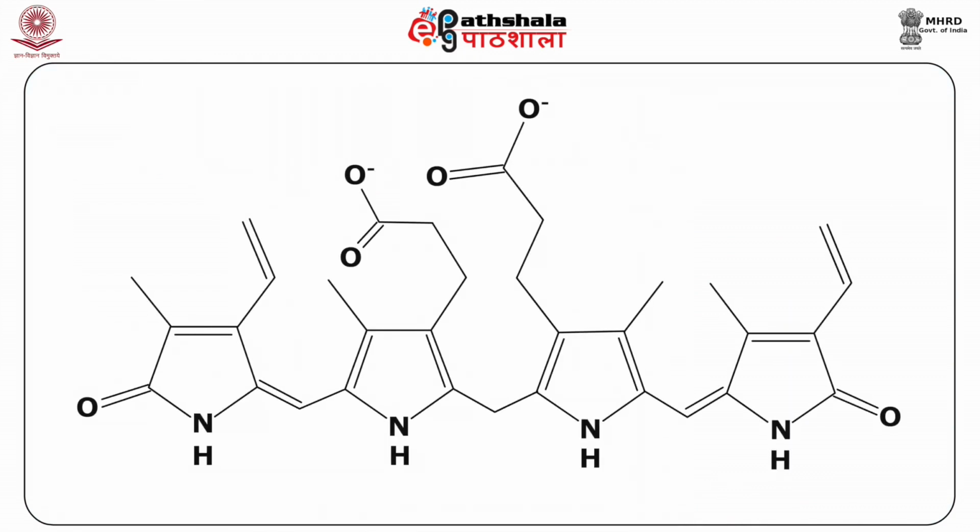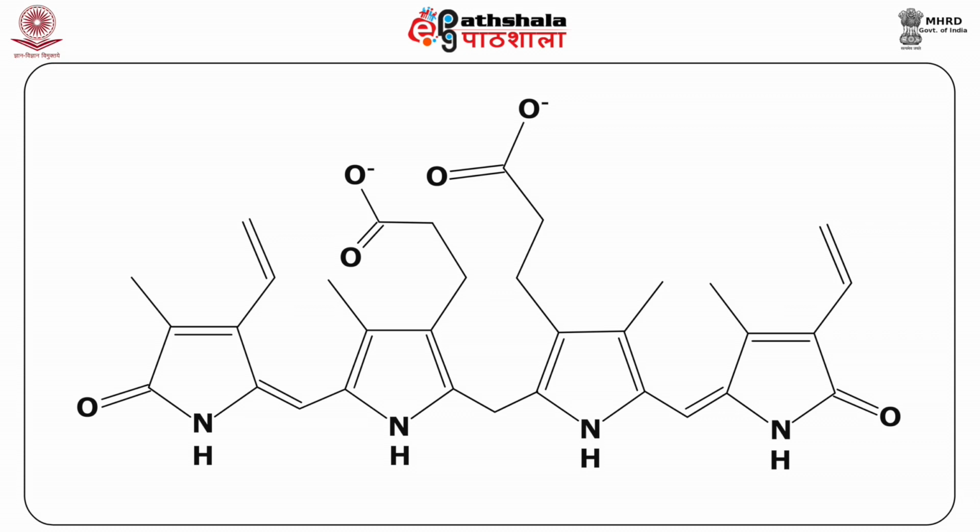Bilirubin has an open chain structure of 4 pyrrole-like rings, and in the heme molecule, the 4 rings are connected to a larger ring known as the porphyrin ring. It can be made soluble in water by conjugating it with glucuronic acid, and this process is an example of glucuronidation.